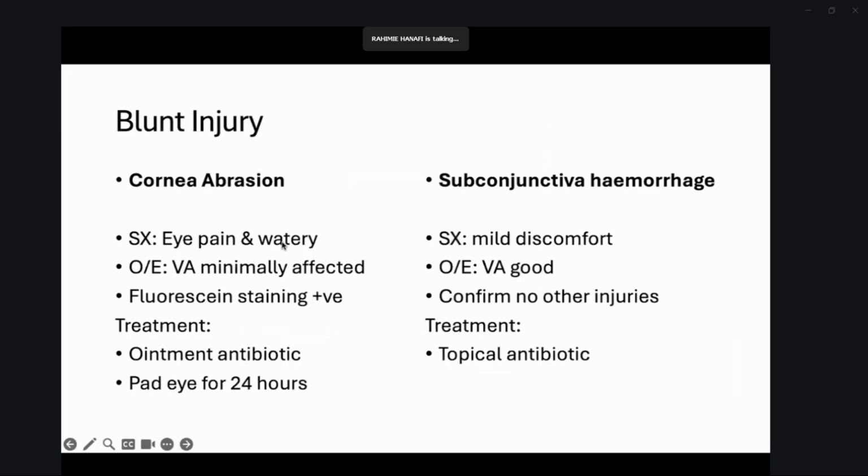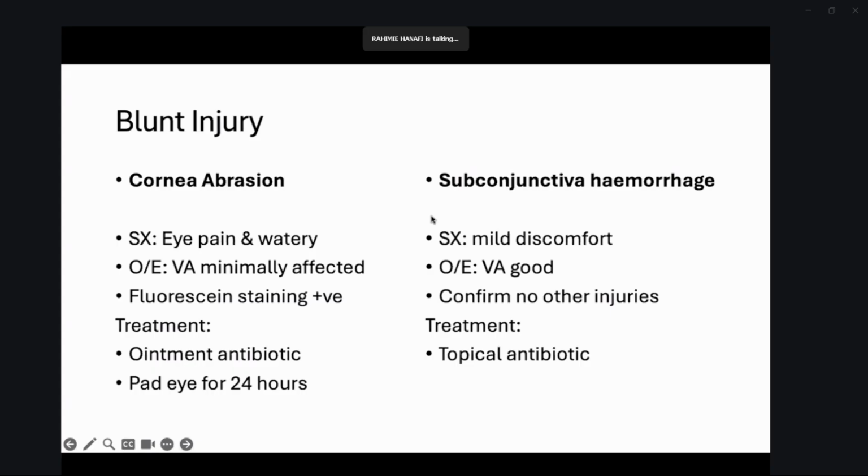In corneal abrasion, usually the patient will tell you they have eye pain and watering, and most patients can open their eyes. However, visual acuity is usually only minimally affected. When you stain, there will be positive staining. The treatment is antibiotic ointment and patching the eye for 24 hours.